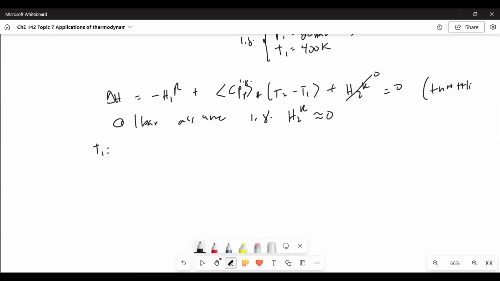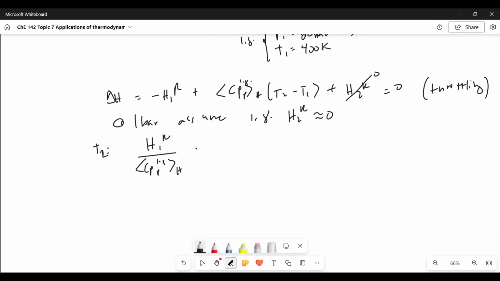Isolating T2 on one side of the equation, because we can now solve for T2, what do we get? It's simply H1R over the mean heat capacity H. This is in brackets, and this is IG. Let me fix that.